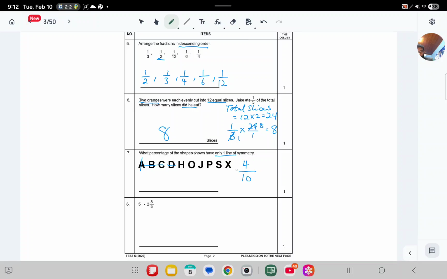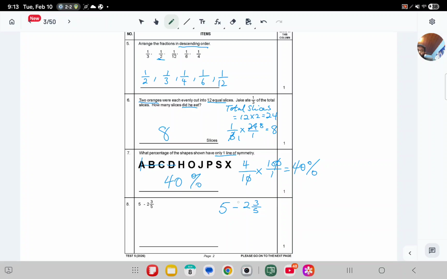And I want it as a percentage. So to express it as a percentage, we multiply by 100 over 1. And that will give us 40%.